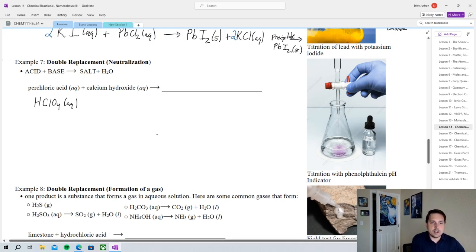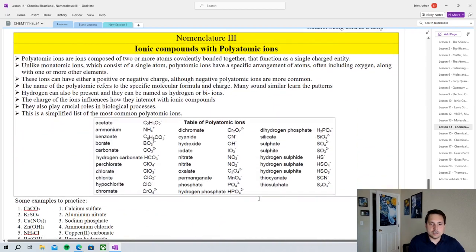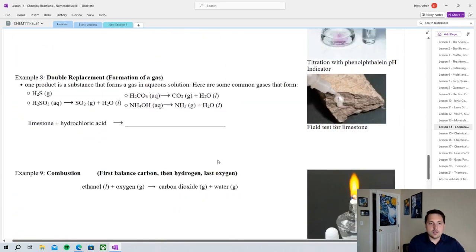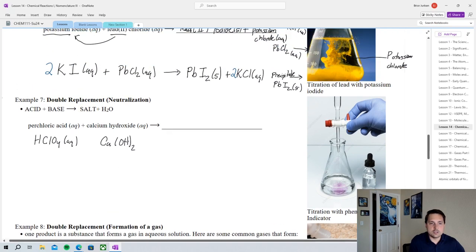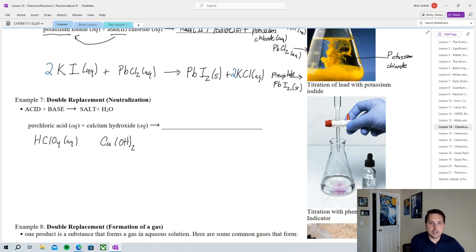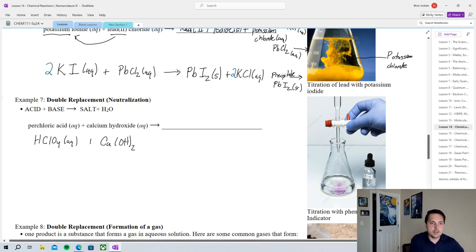And calcium hydroxide has the formula of Ca(OH)2. Hydroxides have the formula of OH minus. And so calcium with a 2+ charge will make the formula Ca(OH)2, because we're going to need to have 2 hydroxides to cancel the charge on 1 calcium.